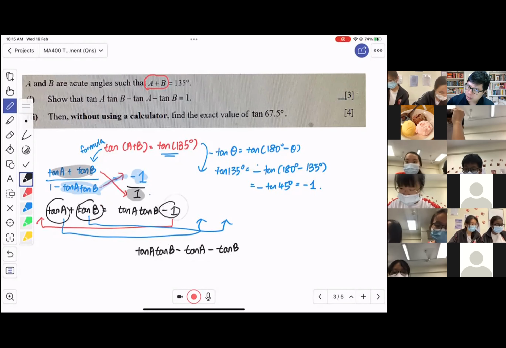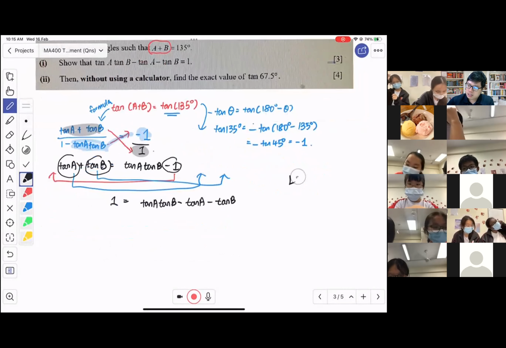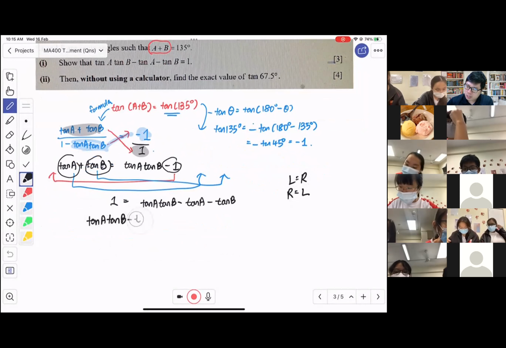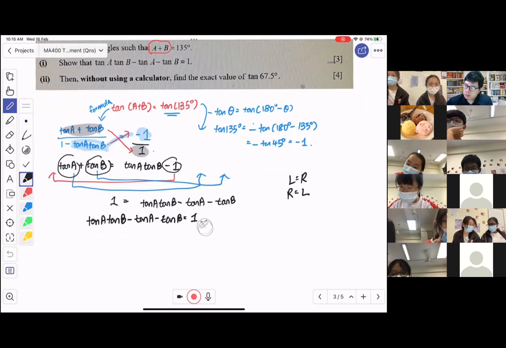I've already gotten my part 1. I just need to swap places. If left equals right, it's the same as right equals left. So I have tangent A tangent B minus tangent A minus tangent B equals to 1. And therefore, shown.